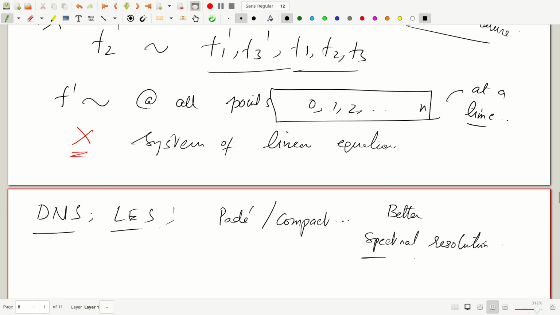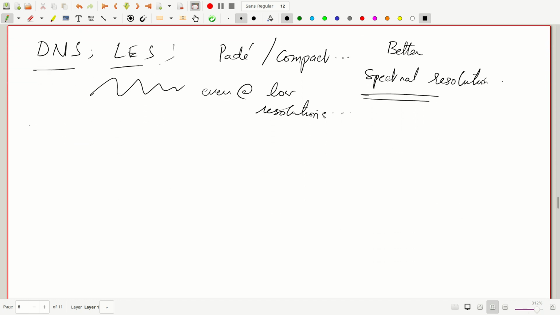That means they can capture the oscillations in the functions even at low resolutions. So that's why these are well sought after and used. Okay, so one such Pade scheme is what I provide here as an example.